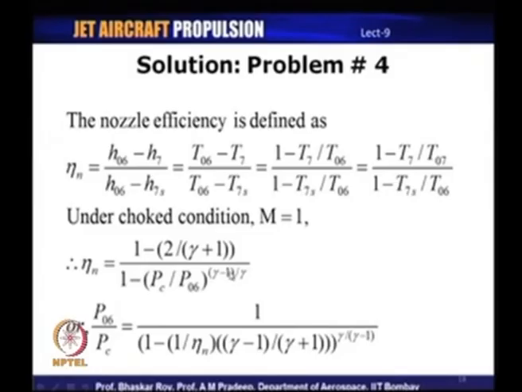Or this pressure ratio that we have, P06 by Pc, can be reduced as 1 by 1 minus 1 by eta n into gamma minus 1 by gamma plus 1, raised to gamma by gamma minus 1. So, this pressure ratio is basically relating the nozzle entry total pressure to the critical pressure.